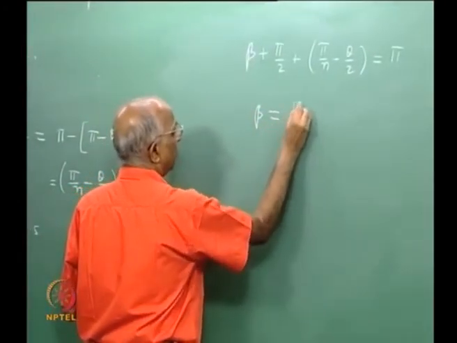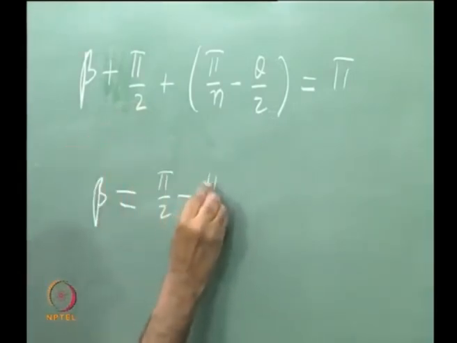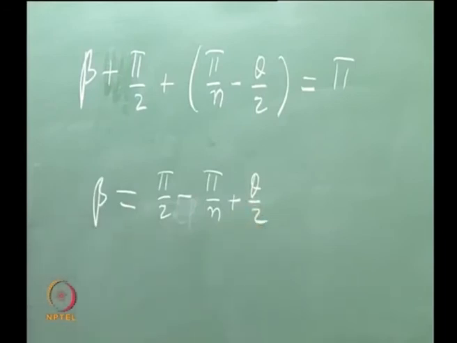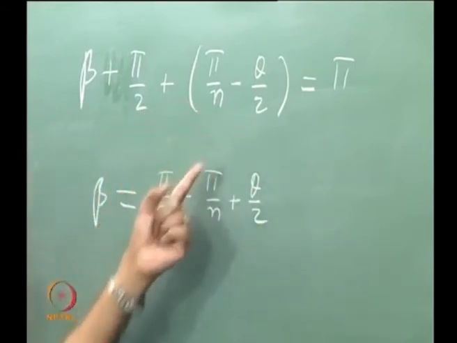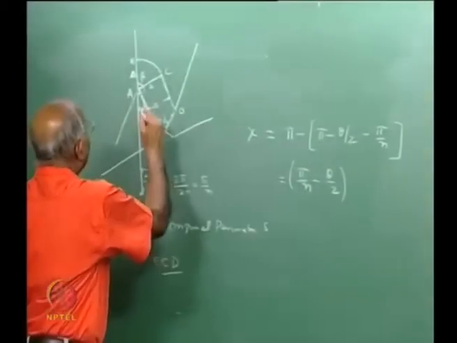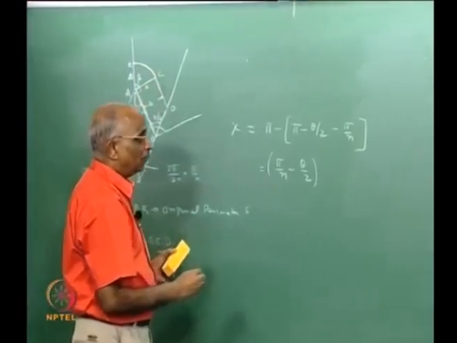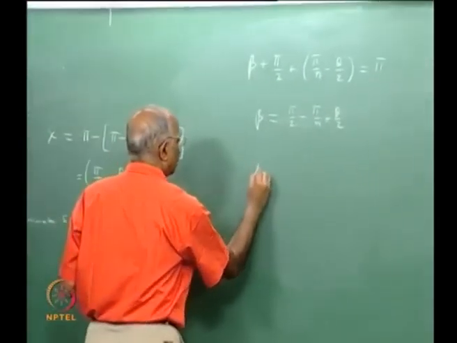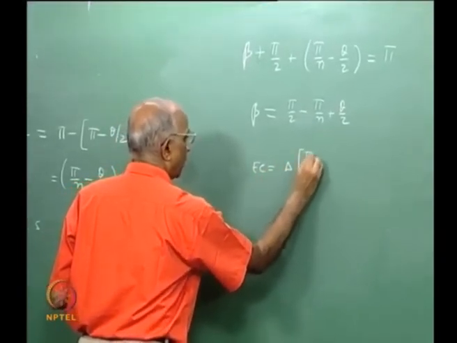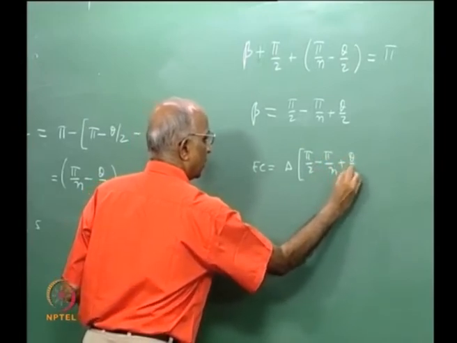Beta is equal to pi by 2 minus pi by n plus theta by 2. Therefore, we have found this angle, and the length of the line EC is equal to delta into pi by 2 minus pi by n plus theta by 2.